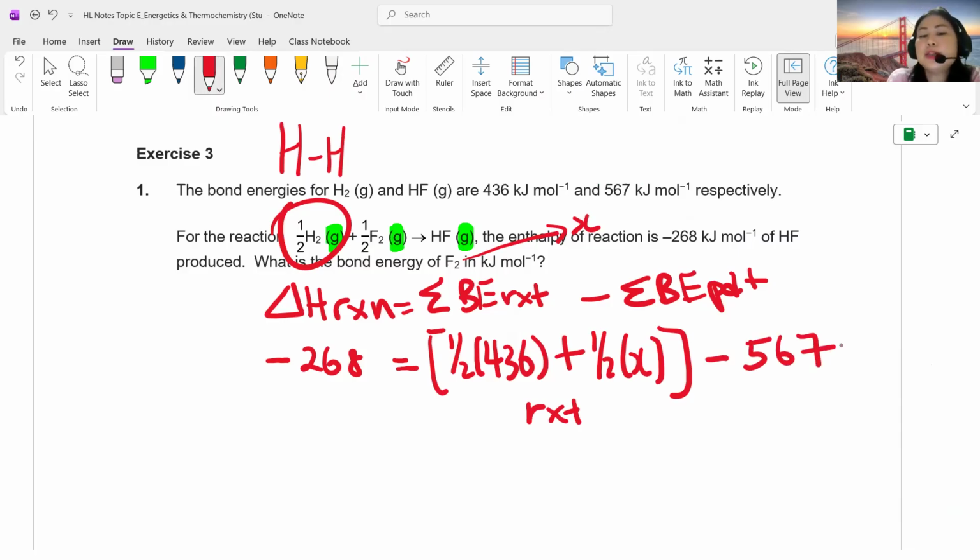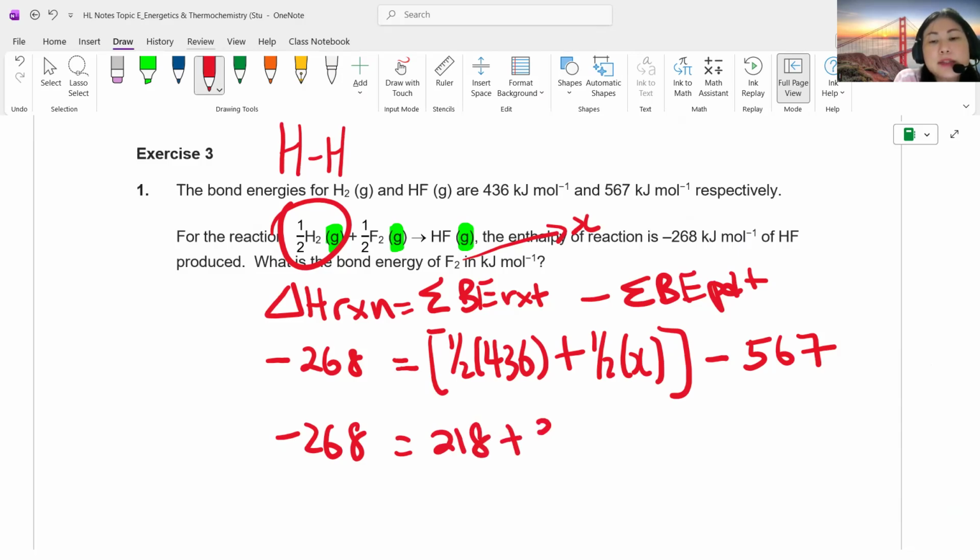567. Okay, so then with that, we'll be able to calculate minus 268 equals to half of 436. So it's 218 plus X, half X minus 567.